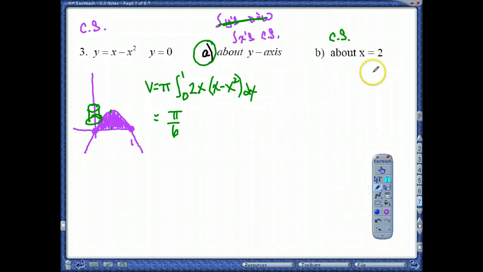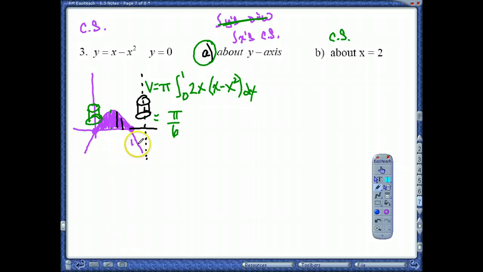Let's work in black. Now I'm rotating this about the x equals 2 line, so I need to bump that out. I'm rotating it about this guy right here, slipping these cylinders on over that line. Notice the height of my cylinders is exactly the same as the height of those cylinders when I slipped them on the y-axis.